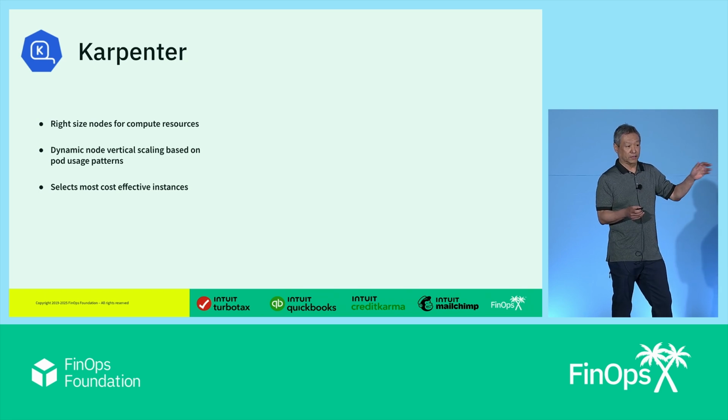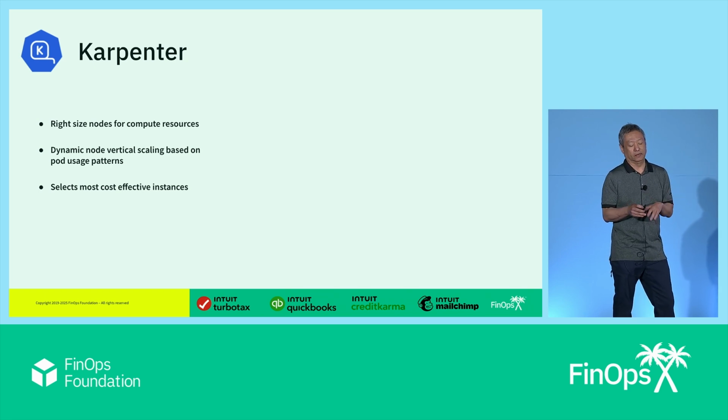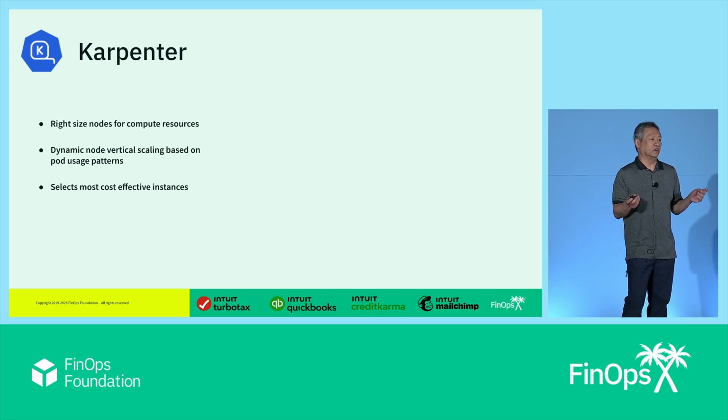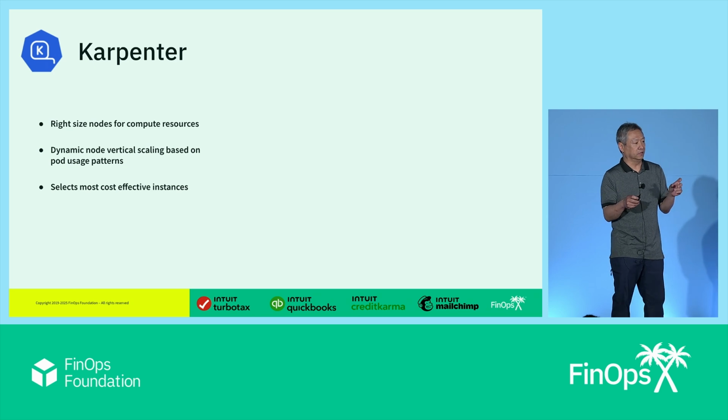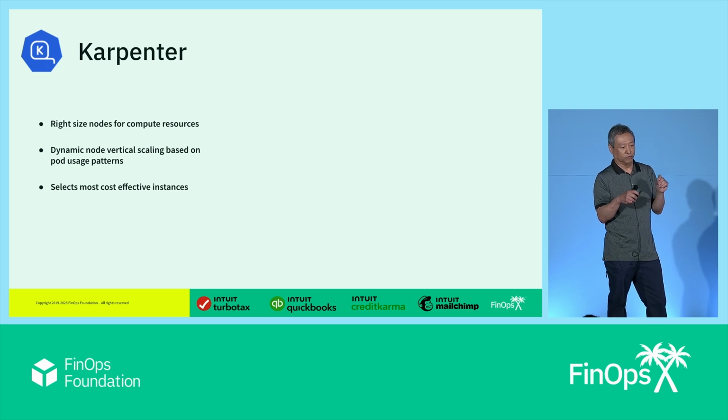So VPA right-sizes your compute and pods, and Karpenter focuses on nodes. If you have unscheduled pods, Karpenter will try to figure out where to host them. It'll select the most cost-efficient and right-sized type of nodes to host those pods.